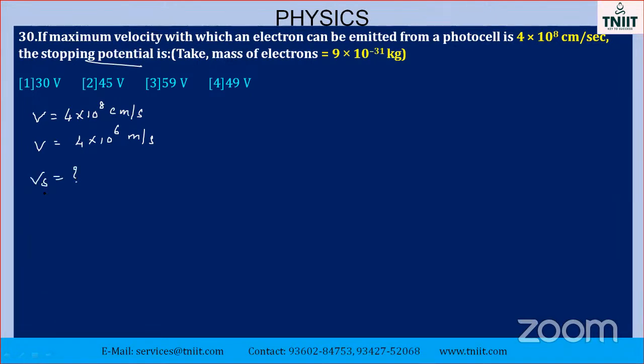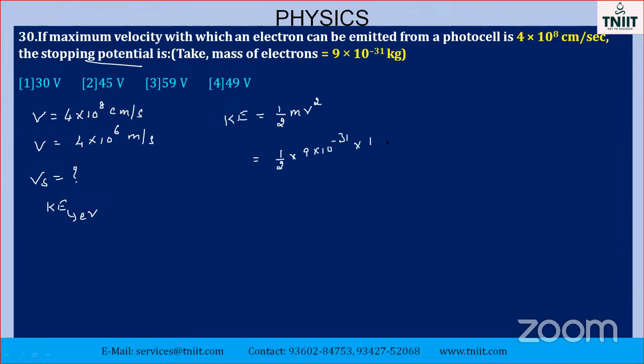You know that stopping potential is nothing but the kinetic energy only, but kinetic energy should be calculated in electron volt. So what is the kinetic energy formula? Kinetic energy is half mv square, half into mass of the electron, 9 into 10 power minus 31.